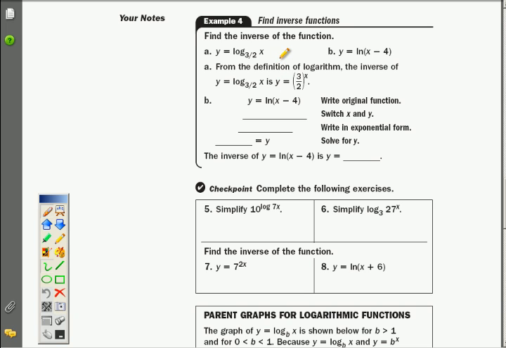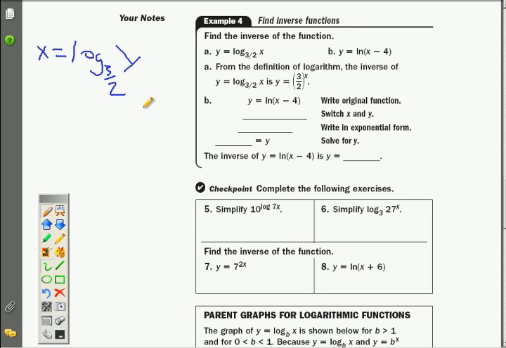Find the inverse of the function log base 3/2 of x. Now, from what we remember doing inverses, you flip-flop the x and the y, and then you solve for y. So I'm going to call it x equals the log base 3/2 of y, and I have to solve for y.